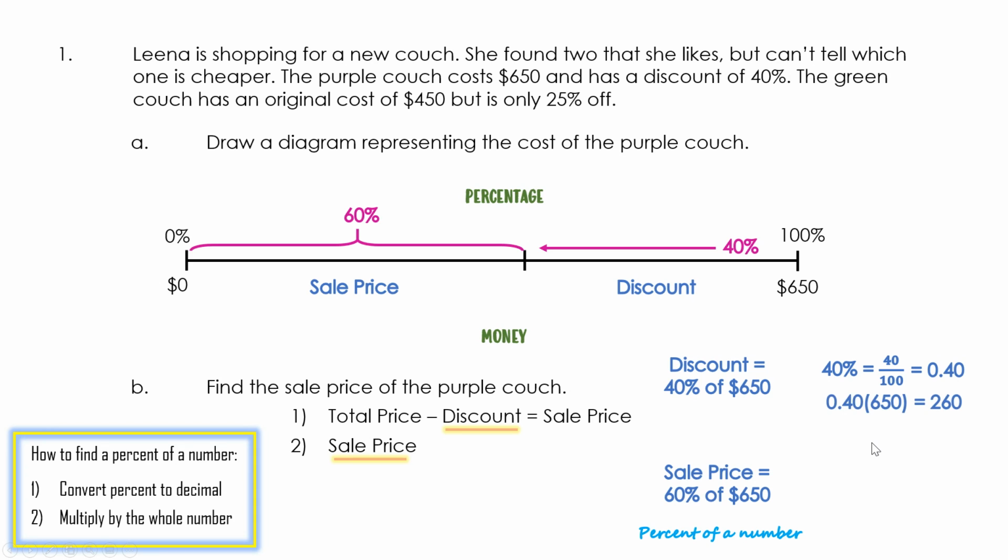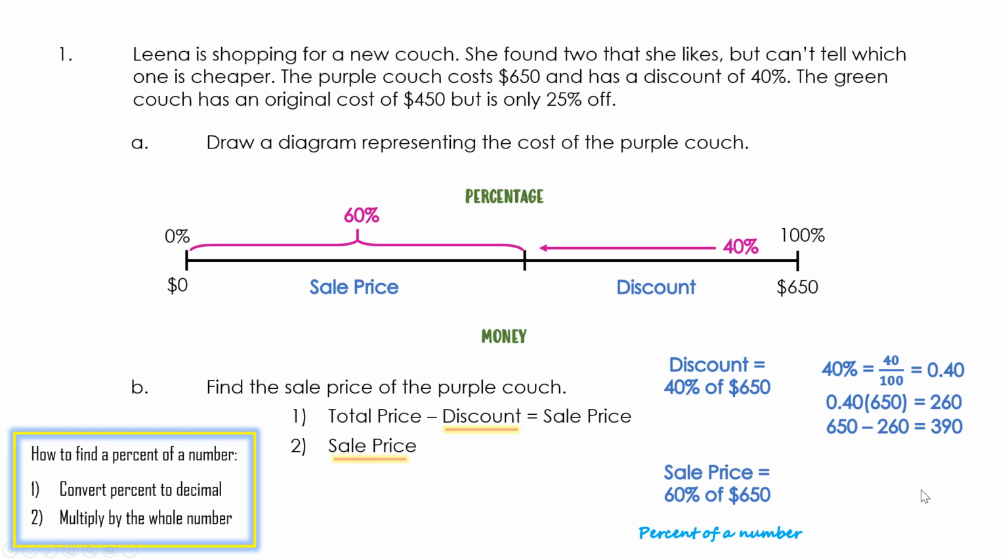I'm going to multiply that by my whole number, which gives me 40% of 650. But is that equal to my sale price? No, that is equal to my discount, right? So I need to take my total price and subtract this discount to get my sale price of $390.